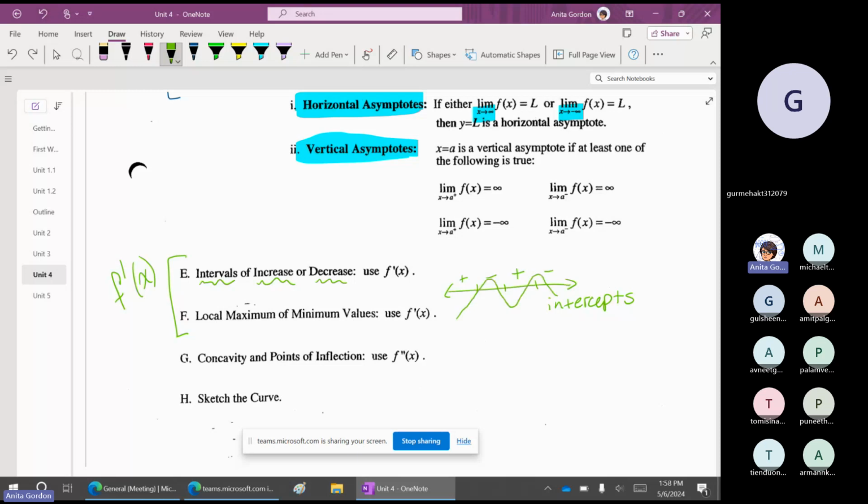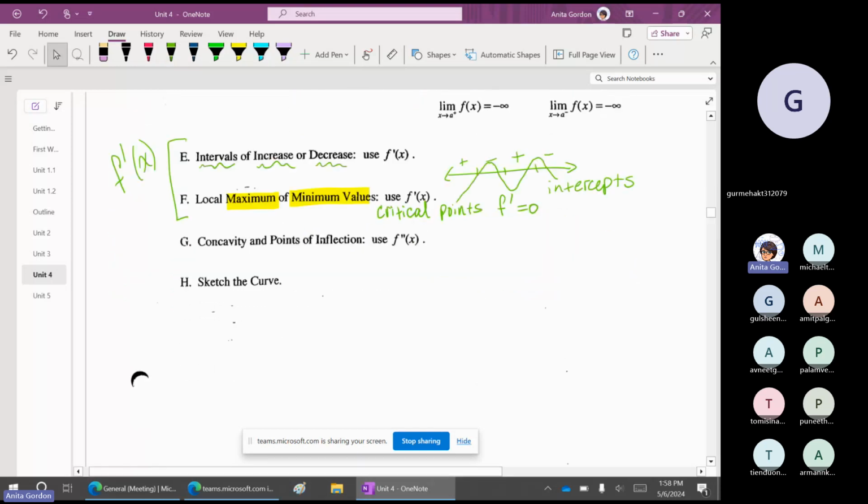Then we are going to look for local maximum and minimum values, and these are the critical points where f prime of x is 0. We're going to look for where the first derivative is 0.